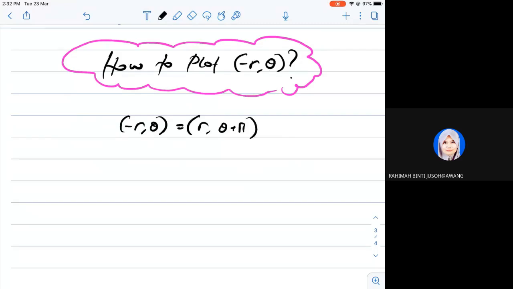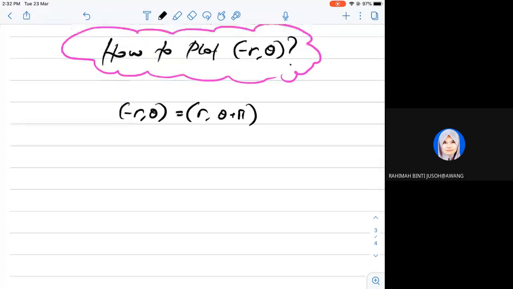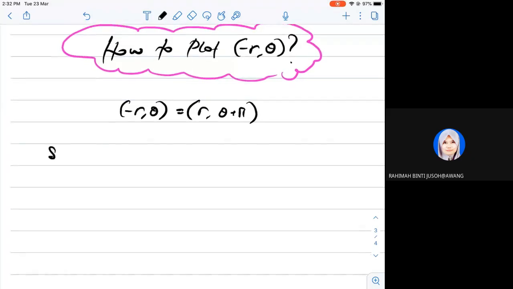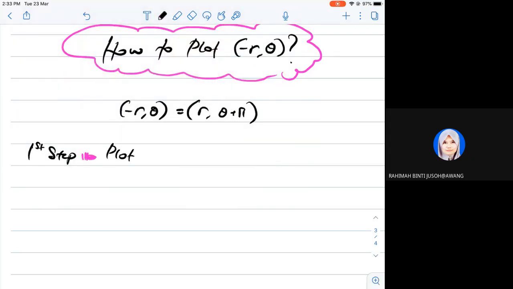So in order to answer question number 3, we have 2 steps to plot negative r, theta. The first step, plot the positive r, theta first. And then the second step, you have to reflect the point.